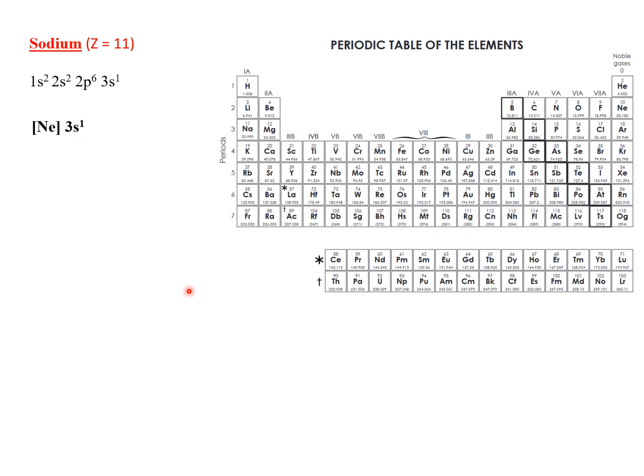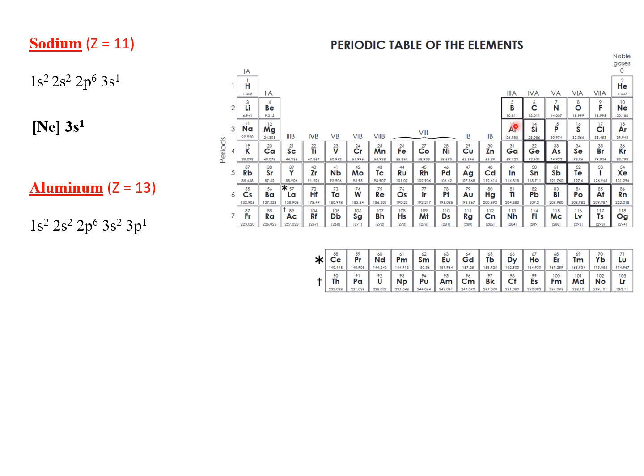Let's take another example, aluminum. Aluminum's atomic number is 13. Aluminum is in the third period. If we write the configuration, 1s2, 2s2, 2p6, 10 electrons, and then 3s2, 3p1 for 13 electrons. And what is the shortcut for aluminum? Aluminum is in period 3, so the previous noble gas is the noble gas in period number 2.